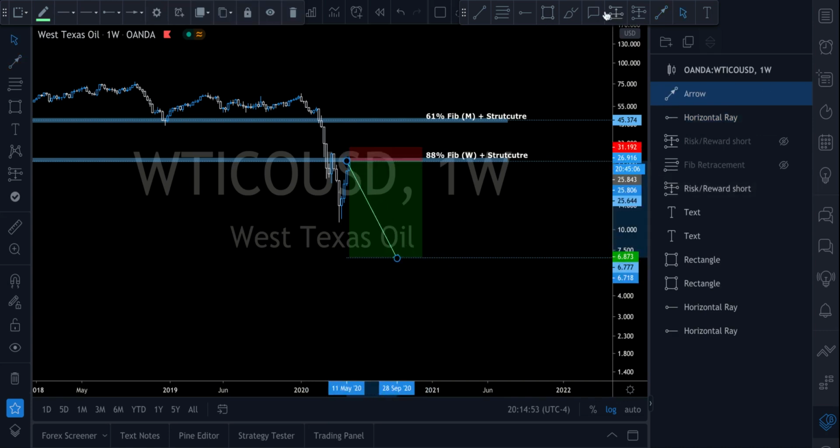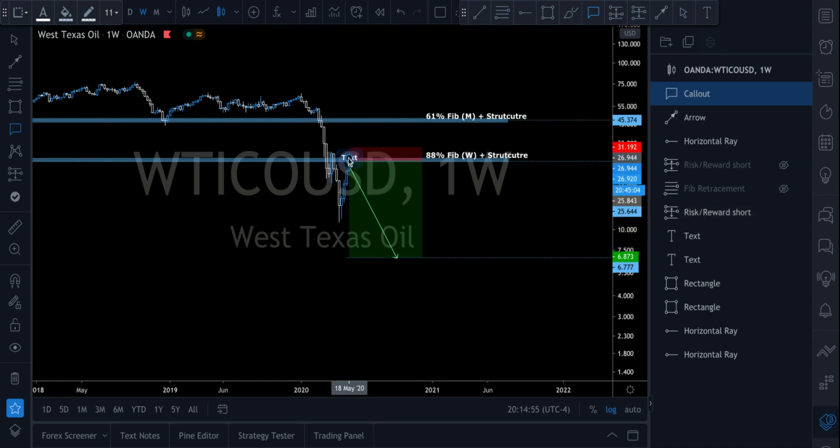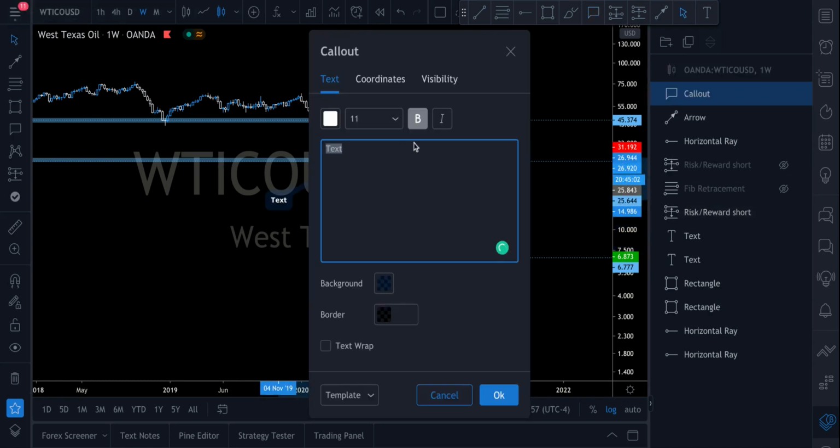Otherwise, what I'm going to do is annotate this right here and say that if price on your entry condition is not respected and continues, look for shorts at the 61% fib.